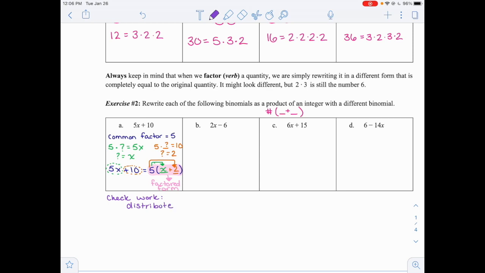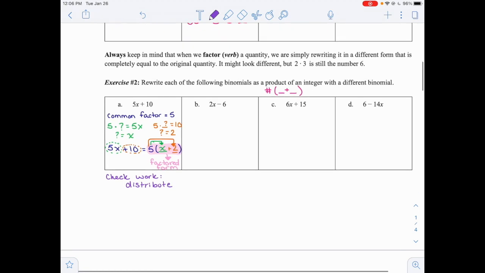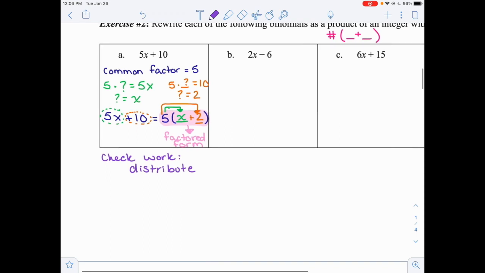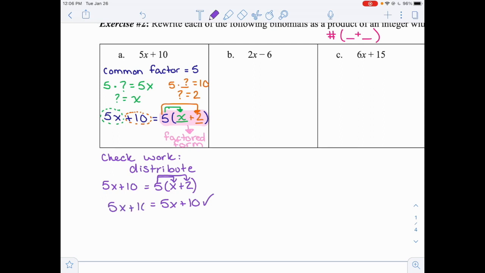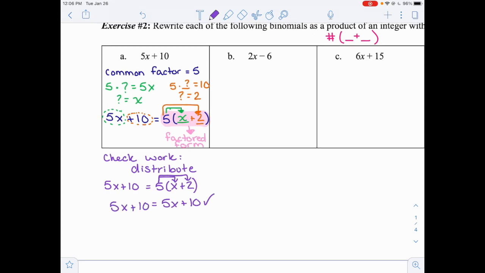If you factored correctly, you will end up back where you started, because they're equivalent statements. So if I start at 5x plus 10 and I say that's equal to 5 times x plus 2, I should be able to prove it by distributing this out. 5 times x is 5x, 5 times 2, positive 10, and we're good to go. Both sides match. If they didn't match, you would have to just check your work to see where you made a mistake.